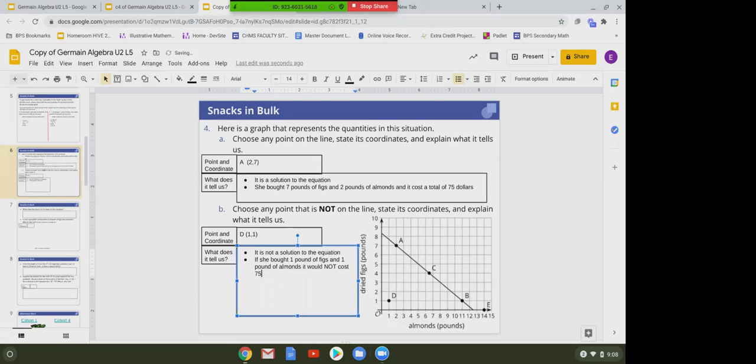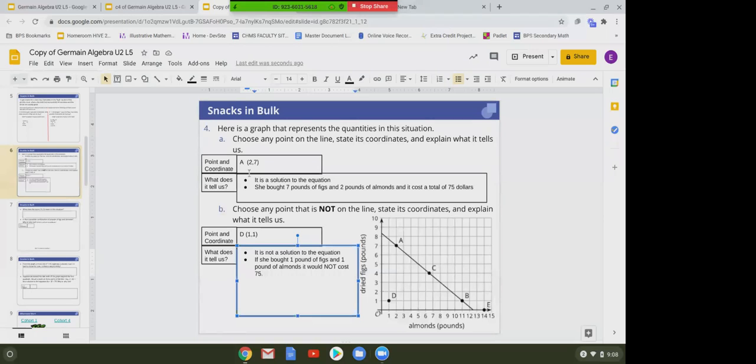Very good job there, Abby. That was fantastic. You could have also chosen point E, which is 0, 14. That means she bought 14 pounds of almonds and 0 pounds of figs, and it would not cost me $75.